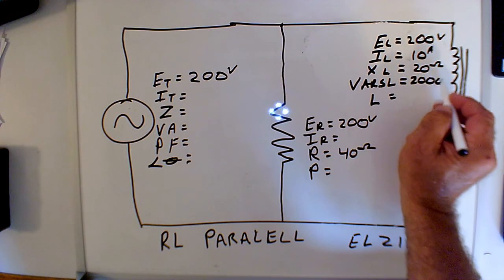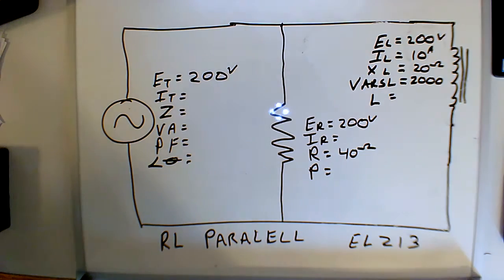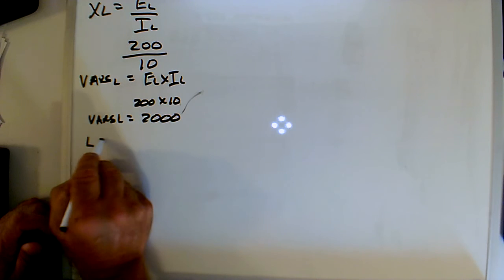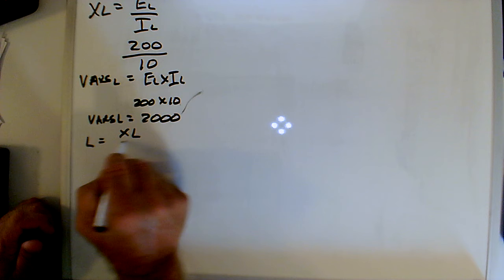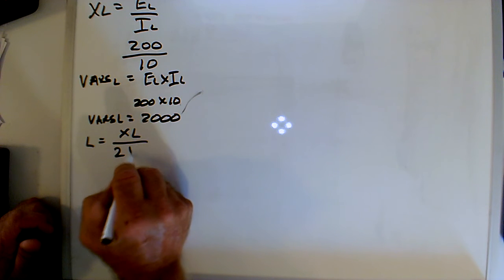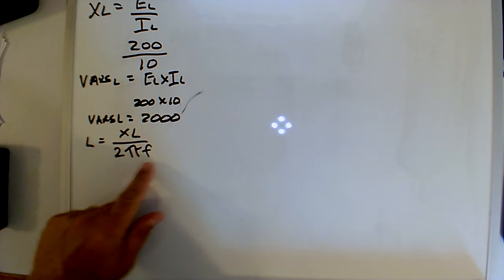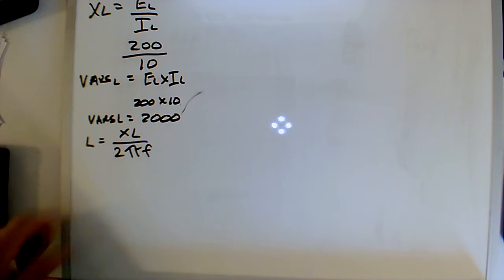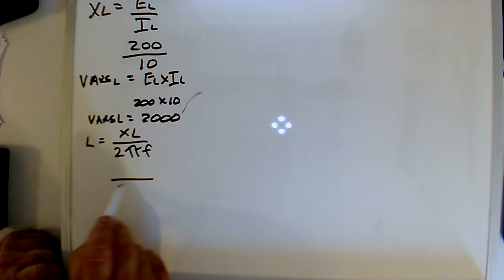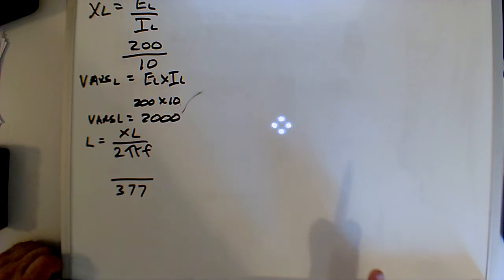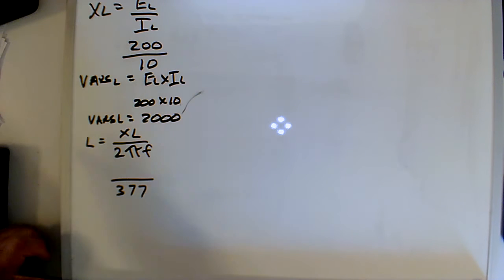So I've got 2,000. If I want to figure out how much inductance there is on that inductor, then the formula for L is XL divided by 2 pi F. And again, F is 60 hertz, so 2 pi F is 377. 2 times pi times 60 hertz, and if I don't tell you that it's something different than 60, then it must be 60.